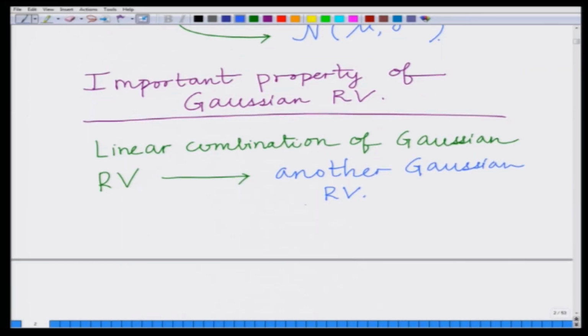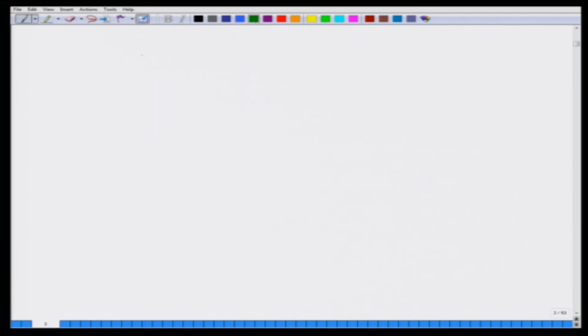So, let us illustrate this mathematically. What do we mean? Let us say we have a group of random variables. Let us consider x1, x2 up to xL.